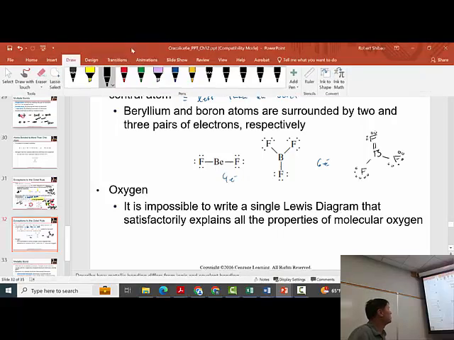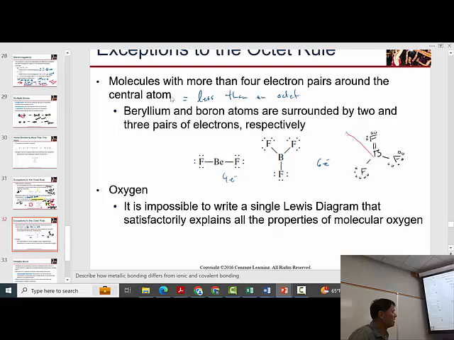It's a win-win situation, but fluorine will have none of it. Fluorine's not going to share extra. And so fluorine will not share extra lone pairs.